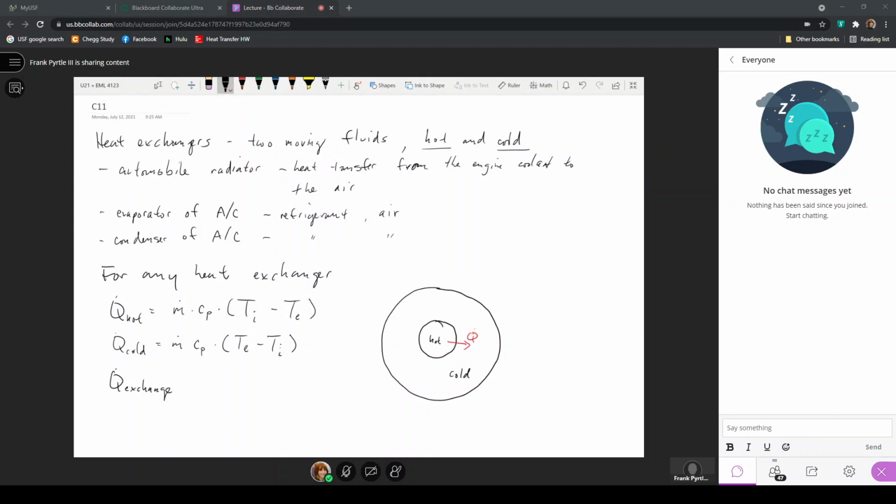Now, as we move along the length of this heat exchanger, there's heat transfer from the hot fluid into the cold fluid all along the length of the inside surface of this pipe. But now the pipe has a thickness associated with it.